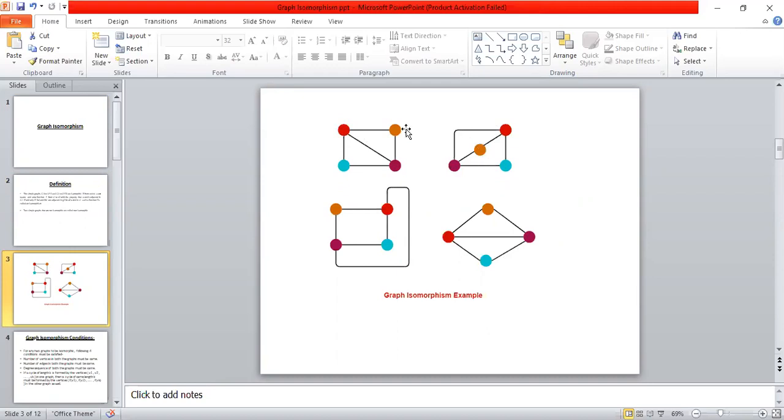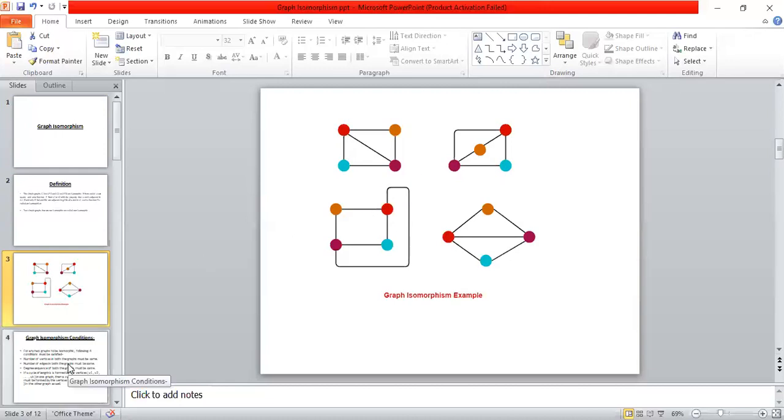If we can redraw the given diagram without losing any relation or adjacency, then those two graphs are said to be isomorphic graphs.